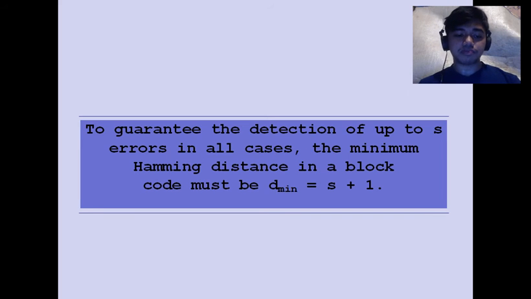I mean, the received code word doesn't match a valid code word with the minimum S plus 1, so it wouldn't be the same as the code word. It needs to be different since we're looking for error detection.